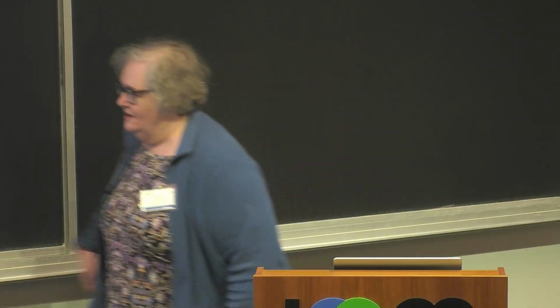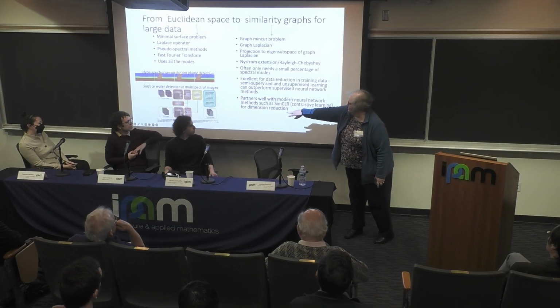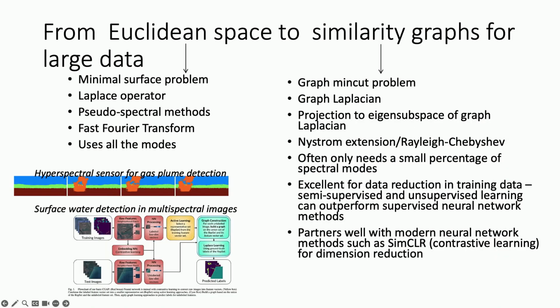One example would be this example in the lower left-hand slide. That's a problem in surface water detection in multispectral images. Much of the information that we want to glean in terms of the surface water lives in parts of the world that are hard to get to, like the poles, right?